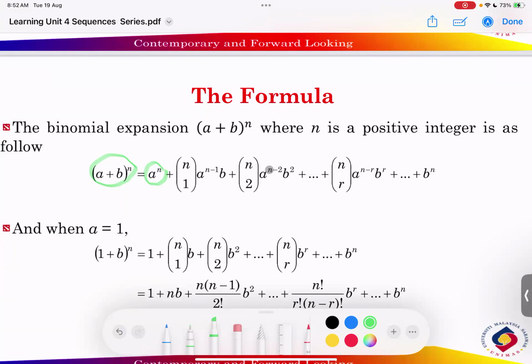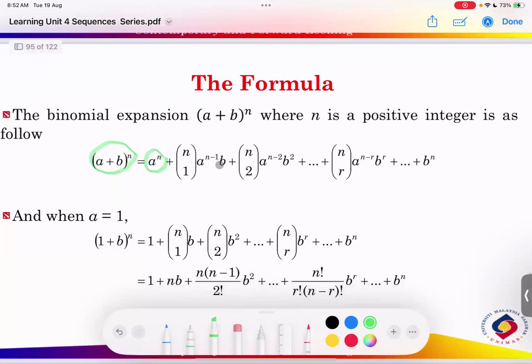So the relationship between here is n minus 1, n minus 2, n minus 3, n minus 4, and so on. And then for b, b^1, b^2, b^3, b^4, b^5. Normally the power of a will be a bigger value at the start, and then come to the end is a smaller value. As for b, the power is increasing as we mentioned just now in the definition.